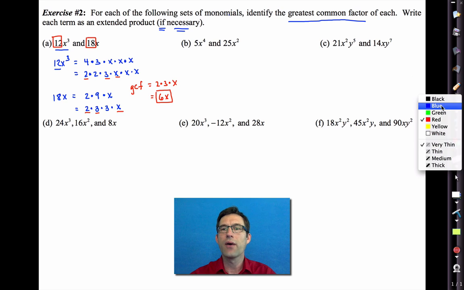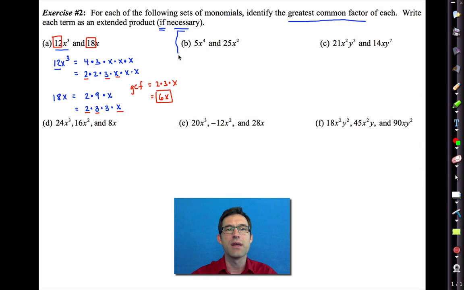So let's write out the extended products again in B, and then see if we can use the trick, or to review the trick or the shortcut. Let's take a look at 5x to the fourth. Well, 5 is already a prime number, so there's really nothing we can do with that. All we can really do is write it like this: 5 times x times x times x times x.